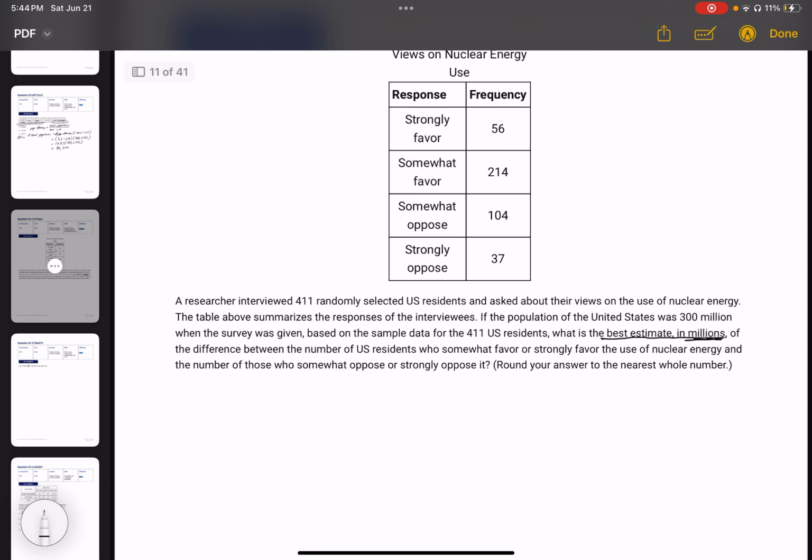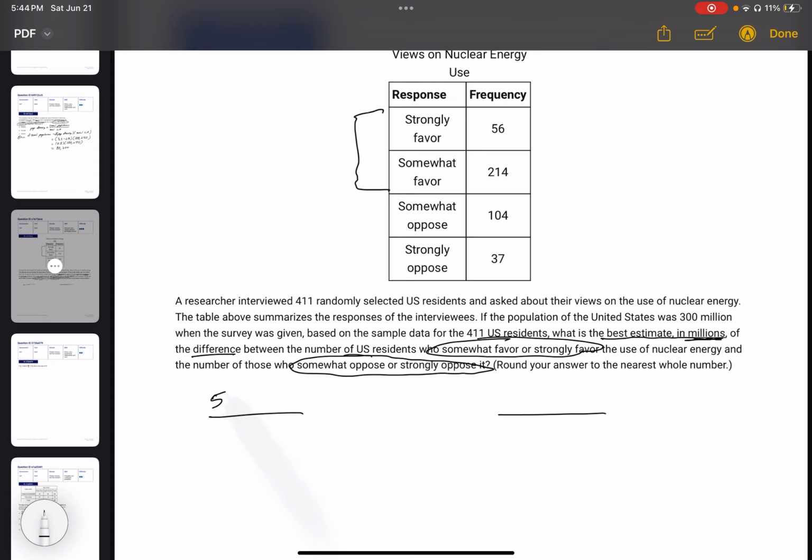So we have to find the difference between somewhat favor or strongly favor and somewhat oppose or strongly oppose. So we have two fractions here. We're going to start with strongly favor or somewhat favor.